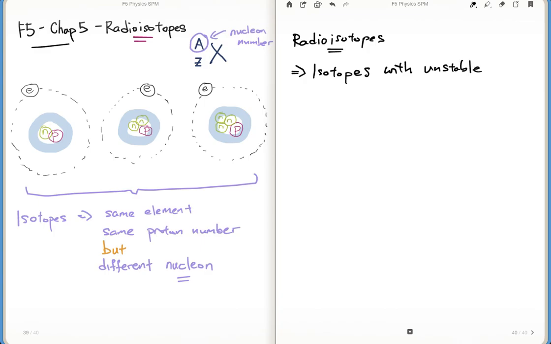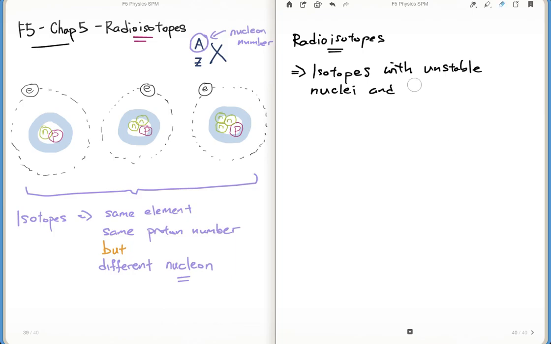I don't mind if you want to copy this and make your own notes. Normally I would advise students to watch my video and then make your own notes at home, and then you may want to add in more notes eventually once you have read through your reference text. Radioisotope is an isotope with unstable nuclei and tends to decay.